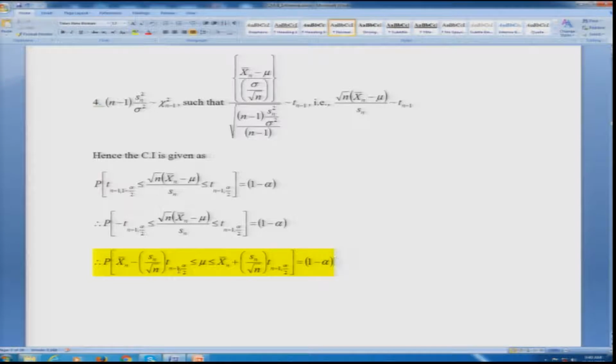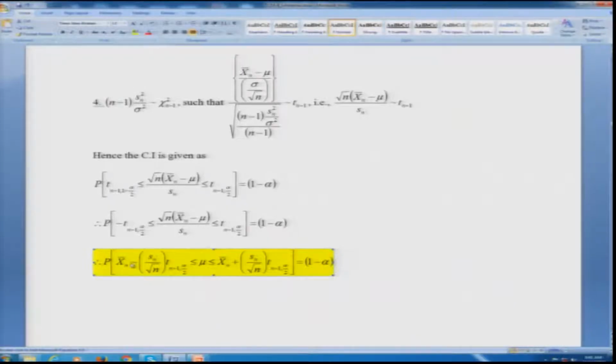Because it is symmetric, 1 minus alpha by 2 and alpha by 2 would have the same numeric values, but with a sign, hence this minus sign. And the upper value, on the right hand side, would be x bar n plus S n by square root of n into t n minus 1 alpha by 2.